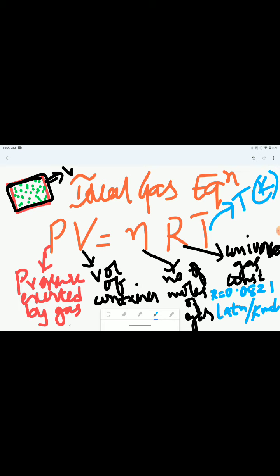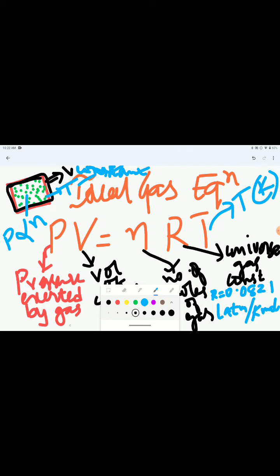Suppose we have a container. Here volume is constant. Suppose let's say temperature is also constant. We already know that R is always constant because it is the universal gas constant. Then the pressure exerted by the gas is directly proportional to the number of moles present in the gas.